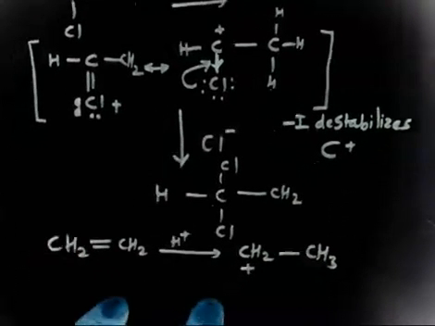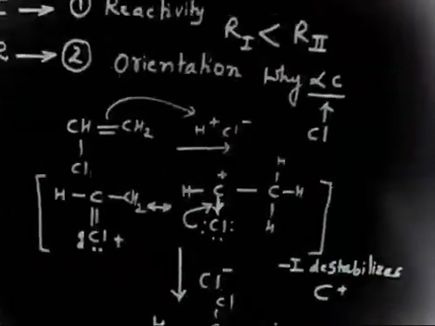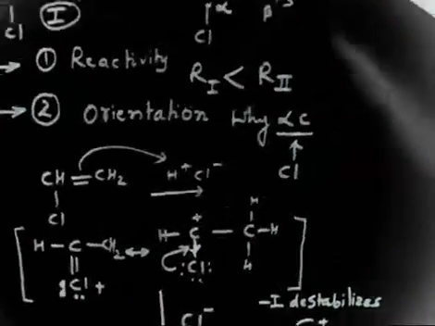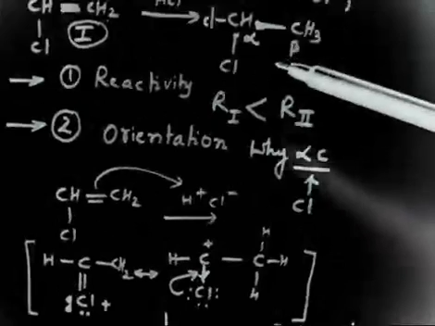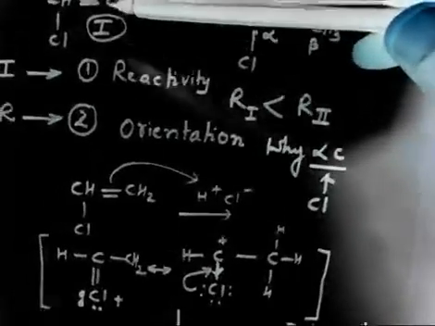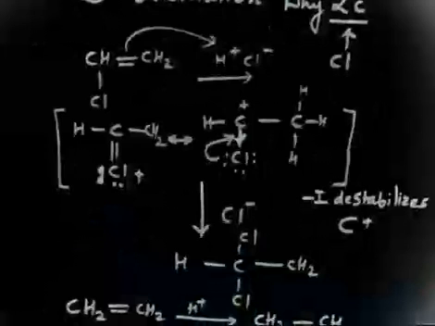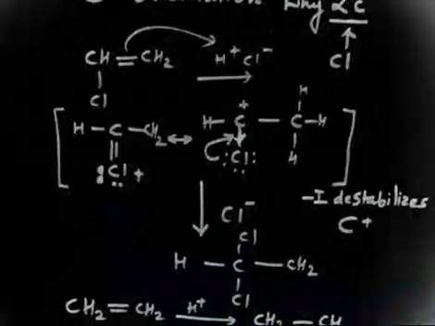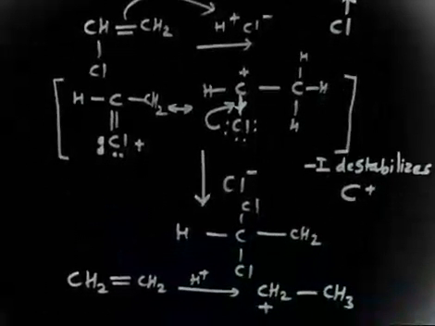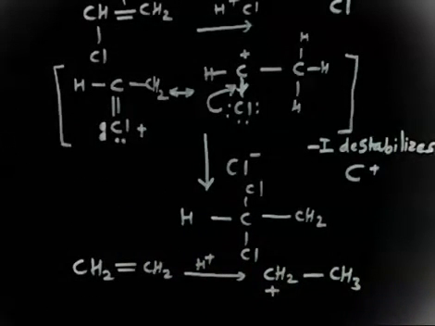Now once again, this is the experimental fact. To support the experimental fact that this molecule is less reactive and this ethene is more reactive, we take the help of the minus I effect, and to say something about orientation, we take the help of the plus R effect.